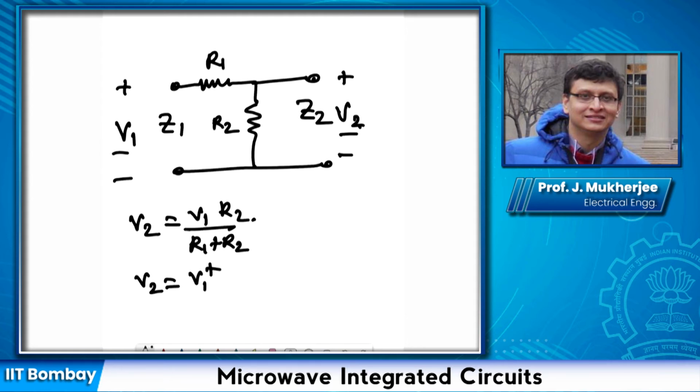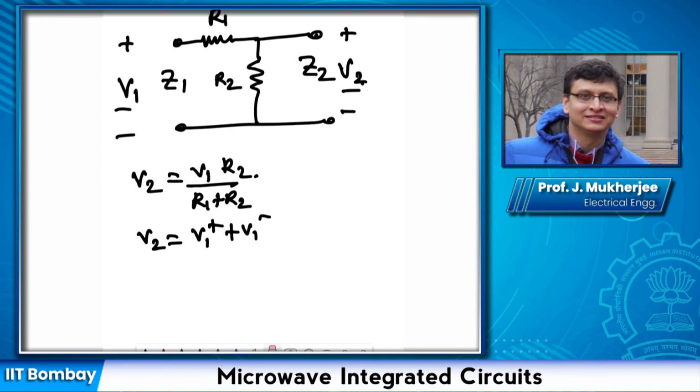and V1 is equal to V1 plus V1 minus, and V2 is equal to V2 minus.